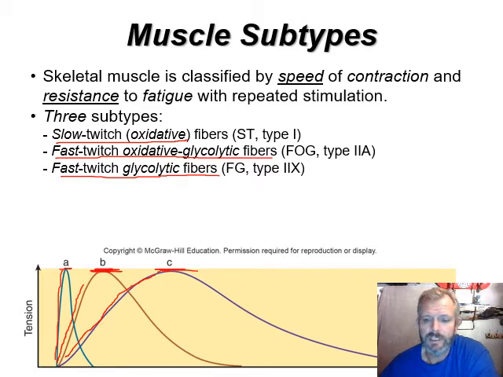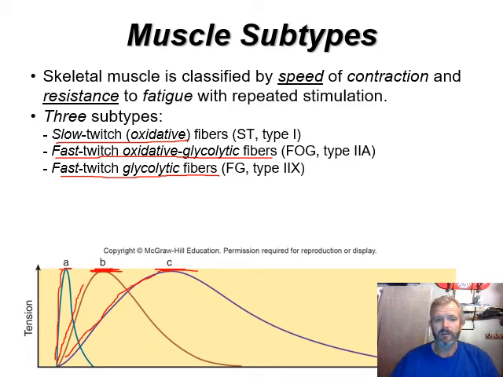And we're going to see these are kind of the muscles that we are training when we're doing differing types of activities, whether we're doing very powerful, very quick movements like a power lifter, or if we're doing marathons where we need resistance to fatigue.